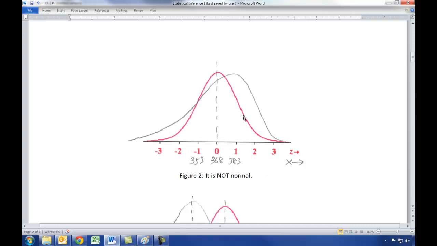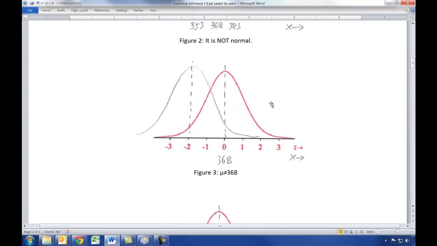So this will make us conclude that the observation is no longer a normal distribution. Figure 3 shows the observation, again based on the histogram, looks normal. However, its mean is no longer in the center. So that's another situation where the process could be off.